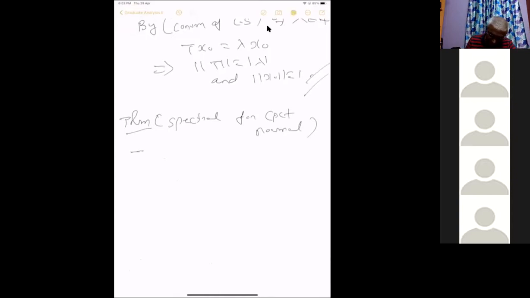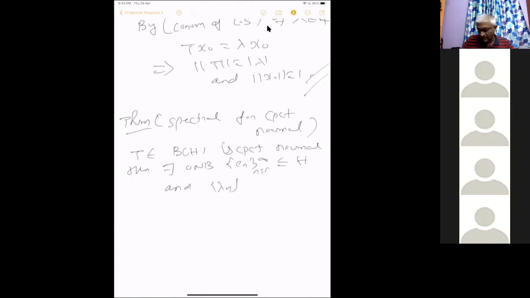Let T in B(H) be compact and normal. Then there exists an orthonormal basis e_n contained in H and lambda_n in c_0, we have already seen that if it is compact and diagonal then lambda_n has to go to 0, such that T e_n equals lambda_n e_n.